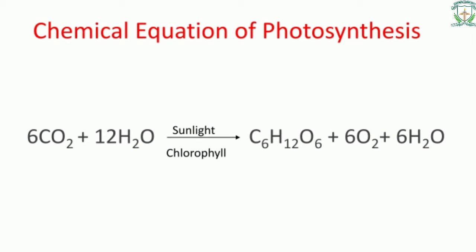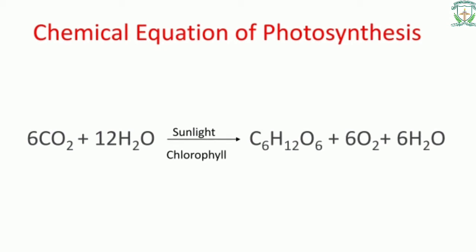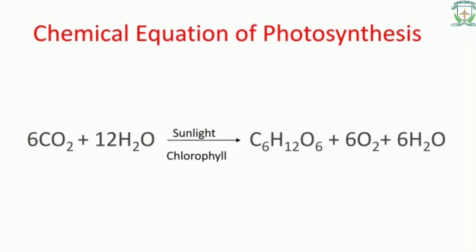So the oxygen is the byproduct of photosynthesis. And the chlorophyll and sunlight, which are written on the arrow mark, indicate that this chemical reaction will take place only in the presence of sunlight and chlorophyll.